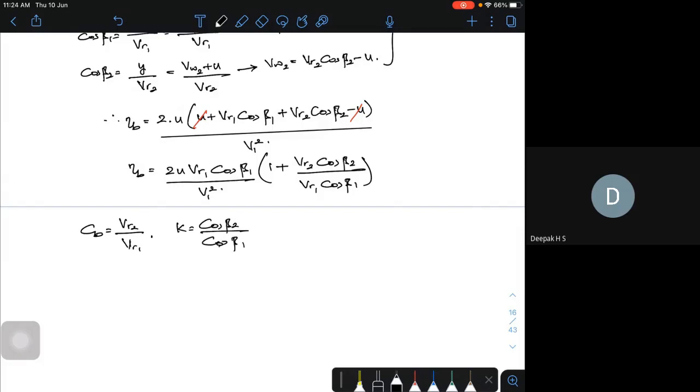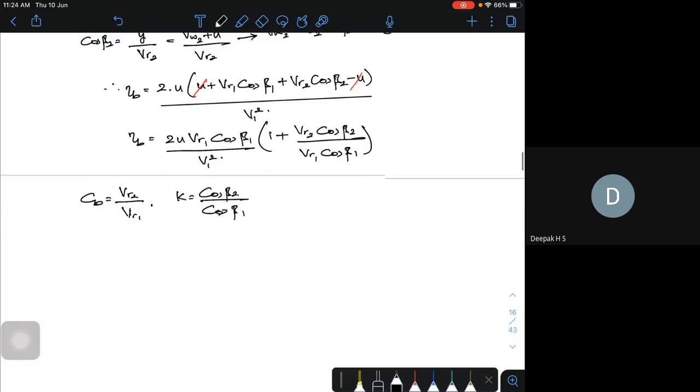I have already defined this. I can write the blade efficiency as 2 U VR1 cos beta 1 divided by V1 square into 1 plus CB into K. I got this expression now.